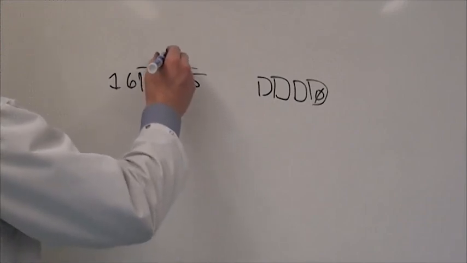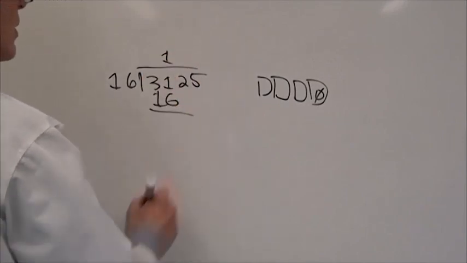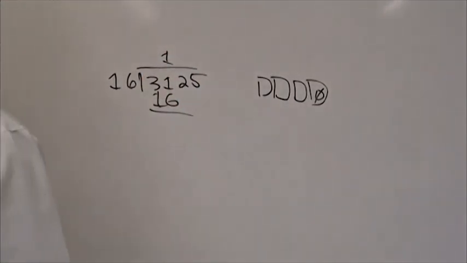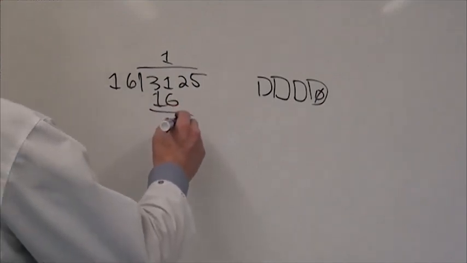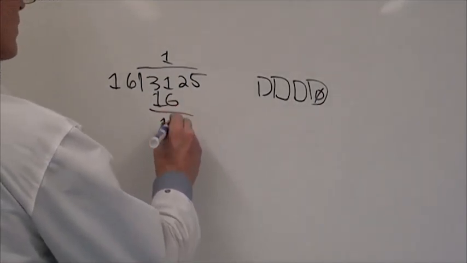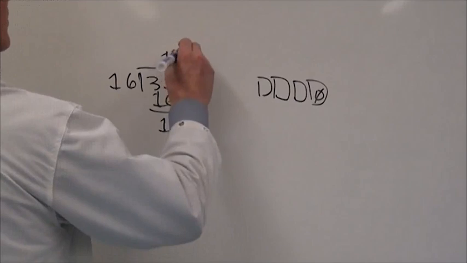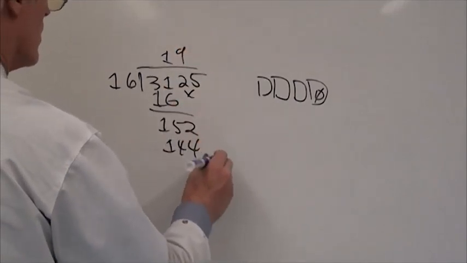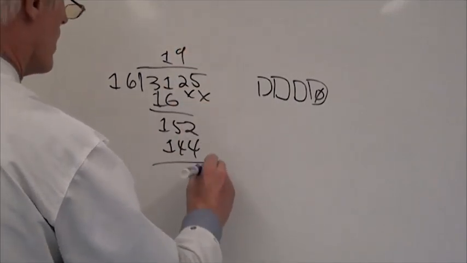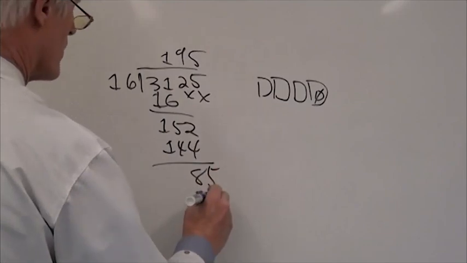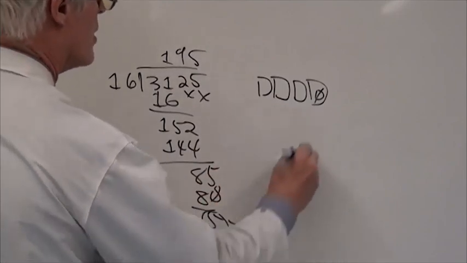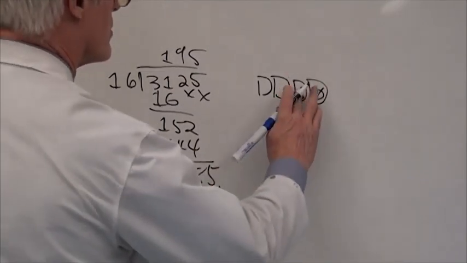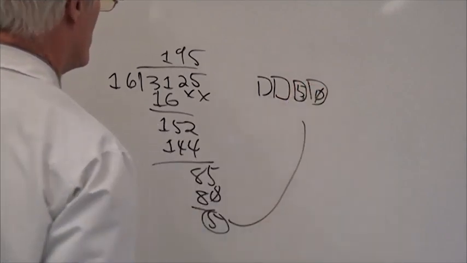So let's do that. That's 1. And this is going to give what? 15. Bring down the 2, which is a 9, which is 144. That's 8. Bring down the 5. That goes 5 times. That's 80 with 5 remainder. There's our 5 sitting here. Let's redraw that. That's a 5.